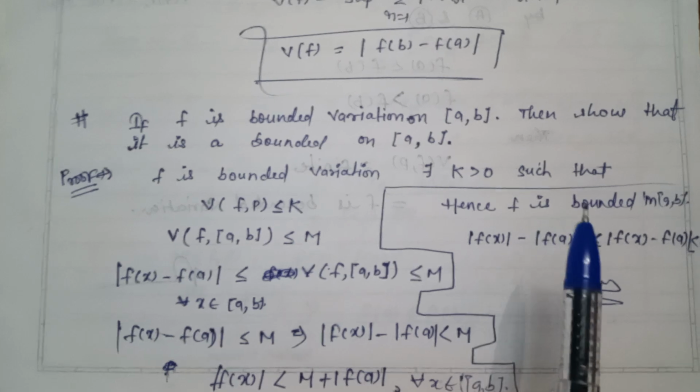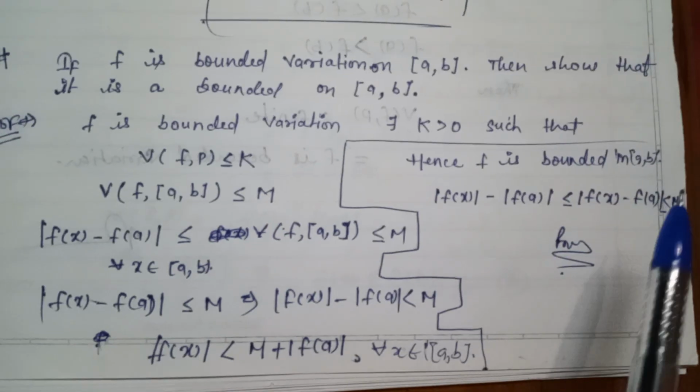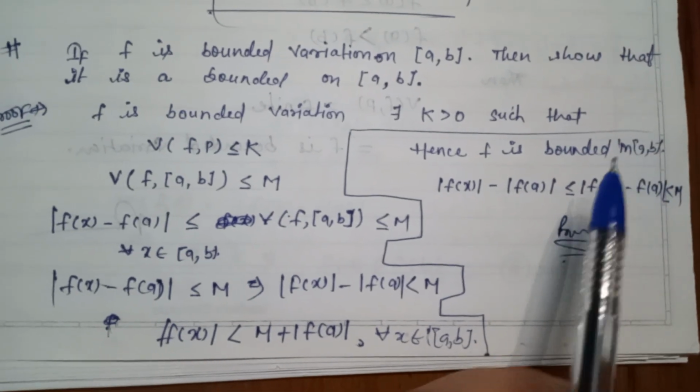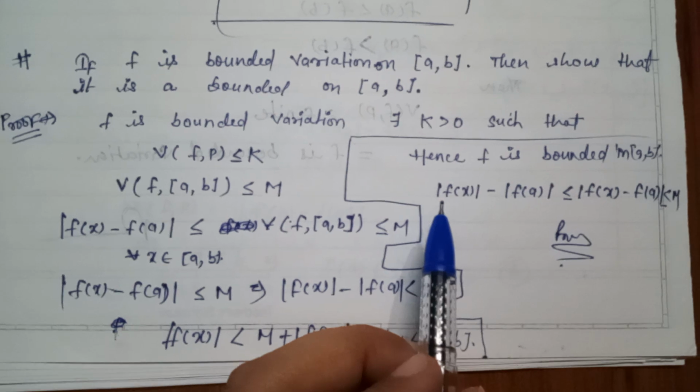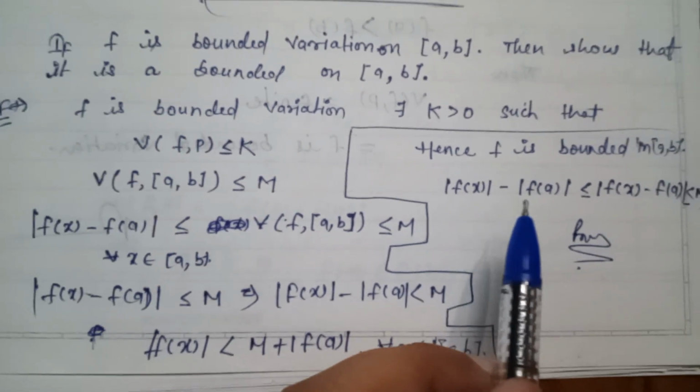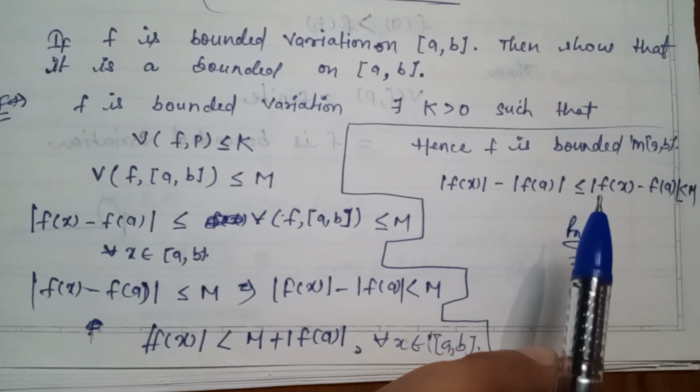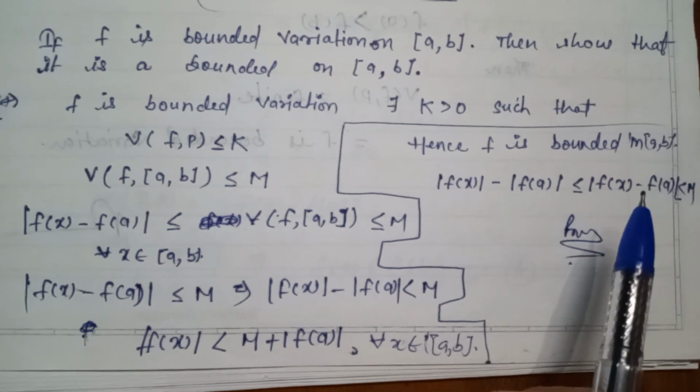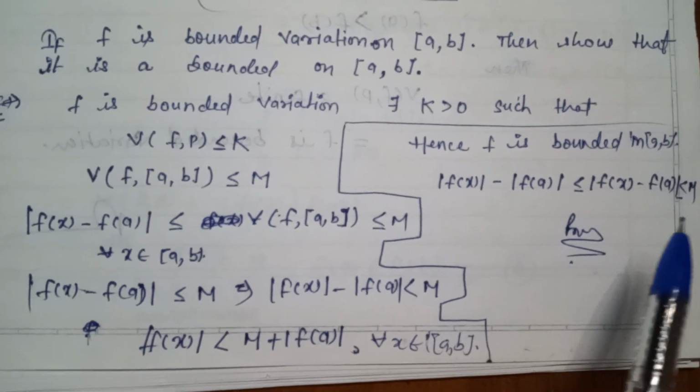Hence f is bounded on the closed interval [a, b], and |f(x)| − |f(a)| is less than or equal to |f(x) − f(a)| is less than or equal to M.